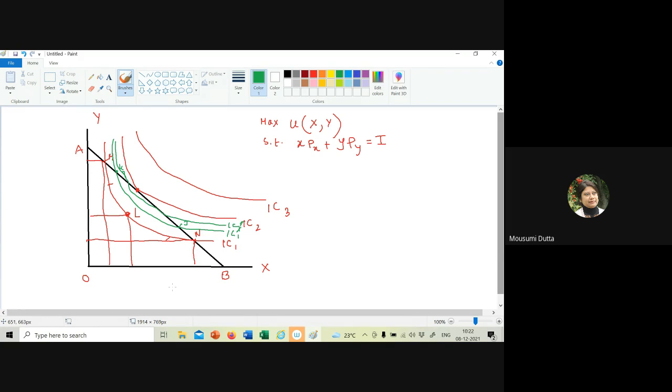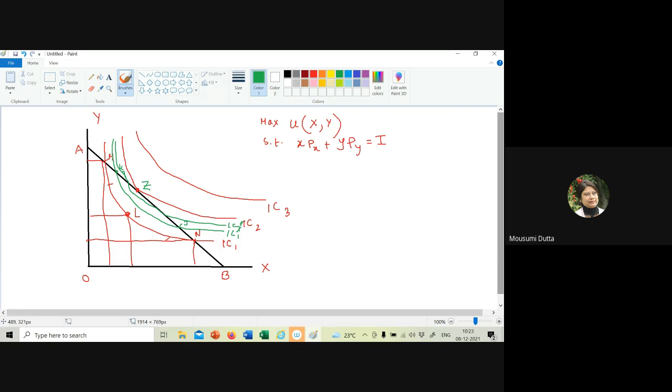Now, at IC2, what we are finding is that there is a point, say point Z, which, given the budget, is giving the highest consumption possibility.